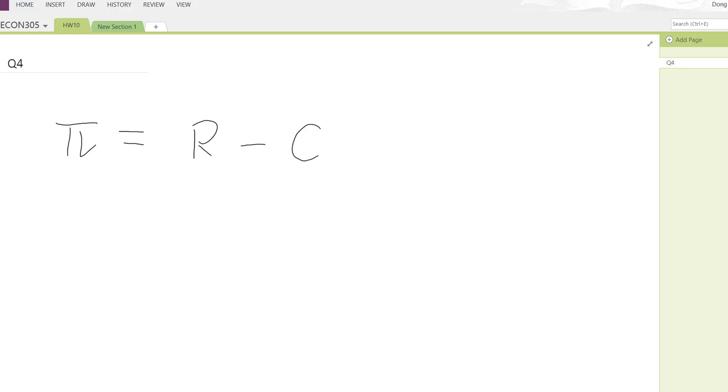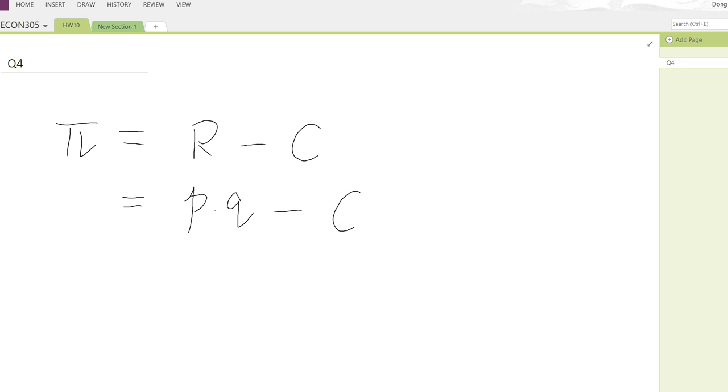How do we indicate the profit in a graph? Let me further write this: we know that revenue equals price times quantity, and then minus the total cost.